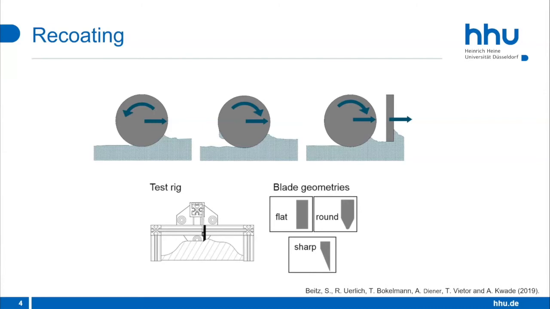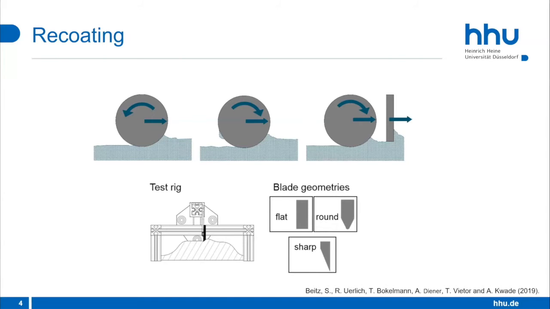have blades, different blade geometries selectable, and there are multiple geometries, of course, available. And there was one study that investigated the influence of the blade geometry on the homogeneity of the powder bed, so the smoothness of the surface and the porosity.